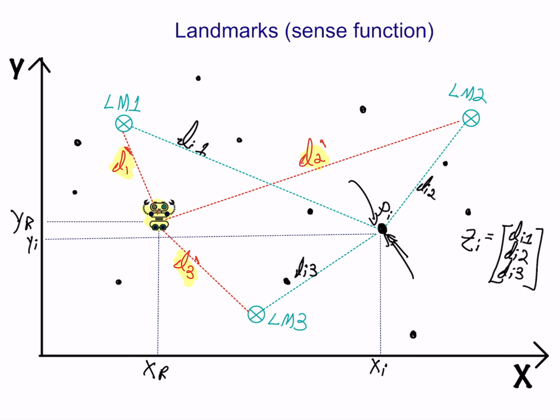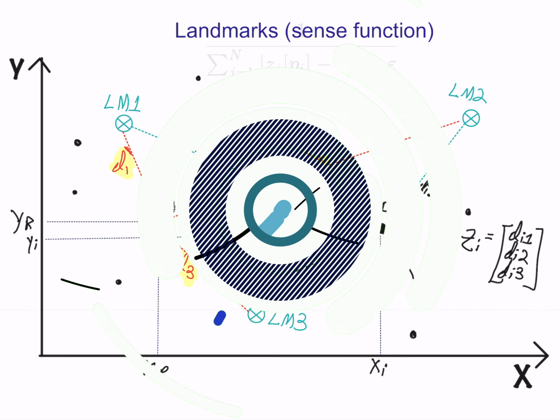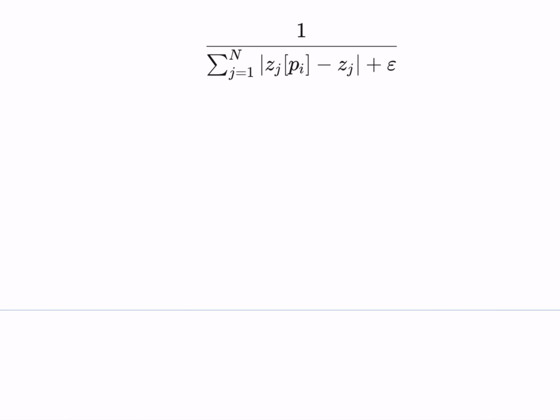Now, all I need to do is to come up with a function that assigns a high probability or high weight to two vectors that are similar, and will assign a low probability or a low weight to two vectors that are further apart. How do we do that? I will give you 2 methods to do it. This is the first method, very simple.